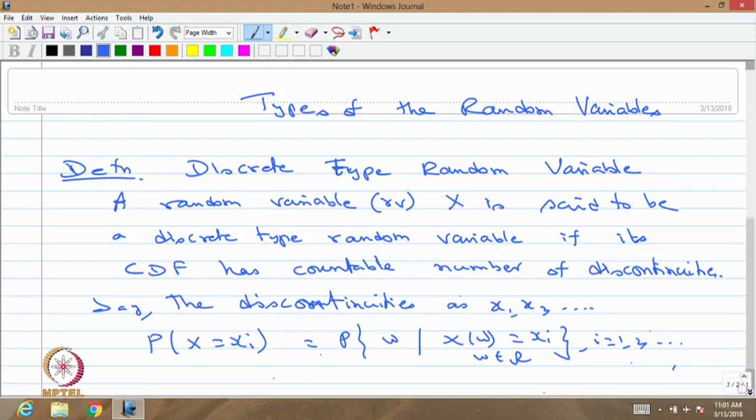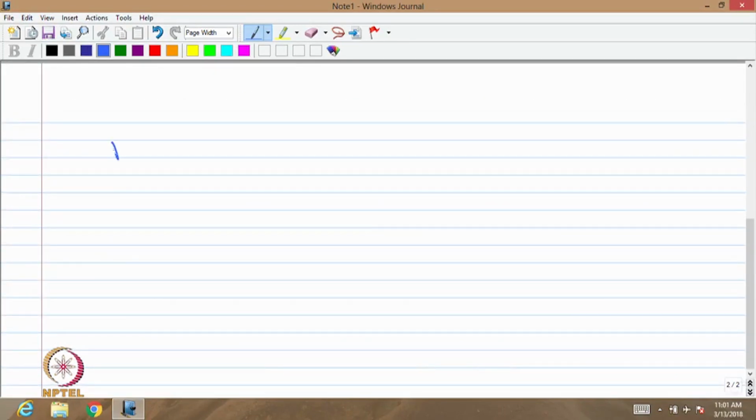Therefore, when you write the CDF of the random variable x, I can keep the suffix x or omit it; I am talking about the CDF of the random variable x. That is nothing but the sum of all the P of X taking a value xi, such that all the xi's are less than or equal to small x.